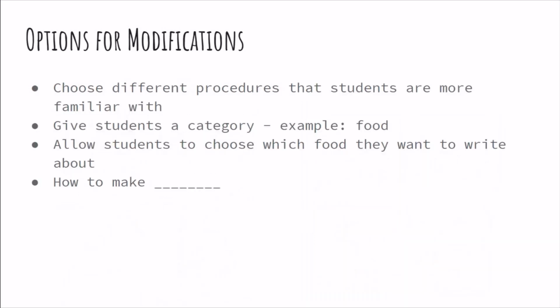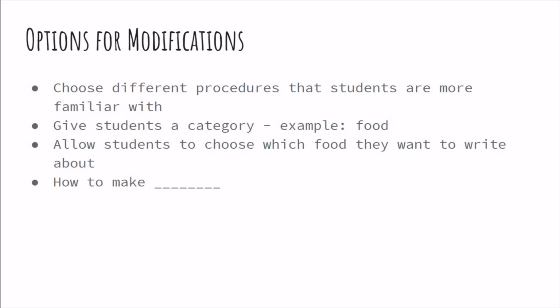Another option for modification is changing the procedures that students use in this activity. You can choose procedures that your students are more familiar with. So you might want to pick a general category such as food, then allow students to choose which food they want to write about.